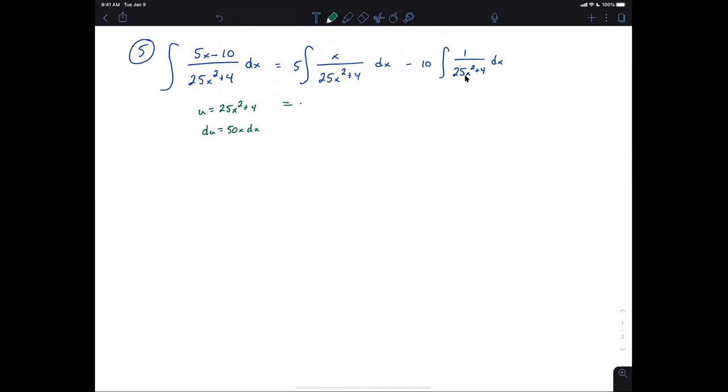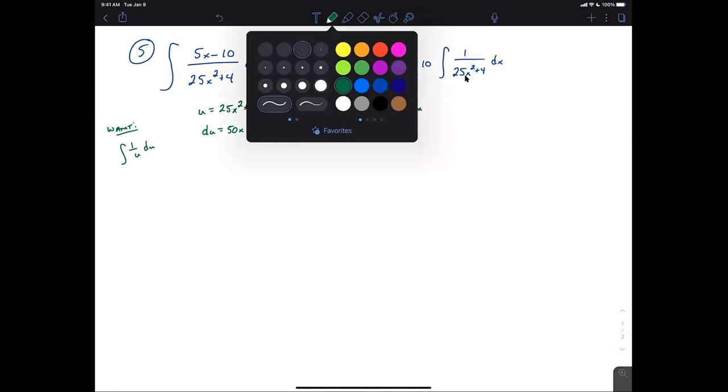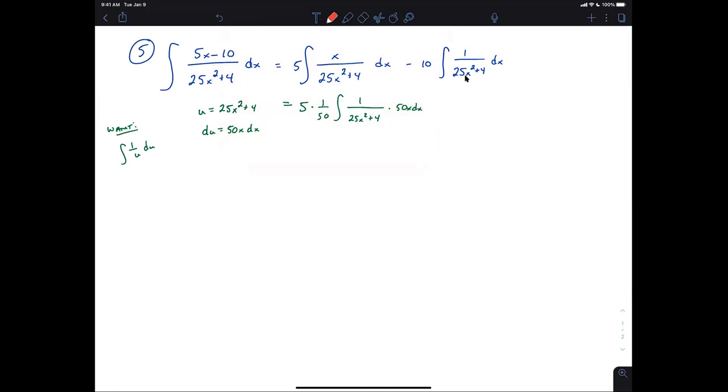So then the next step on this one is 5 times 1 over 50 integral 1 over 25x squared plus 4 times 50x dx. And we're doing that because we want on this green integral, we want it to be 1 over u du. And so we'll continue with that problem using that, but that one's very straightforward.